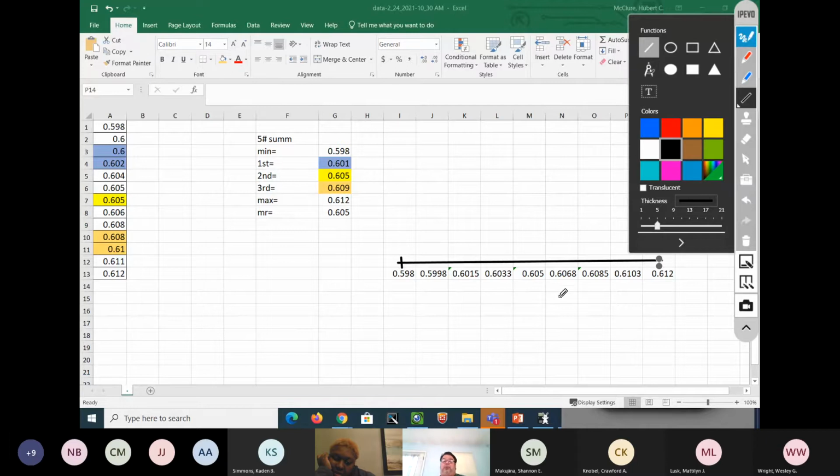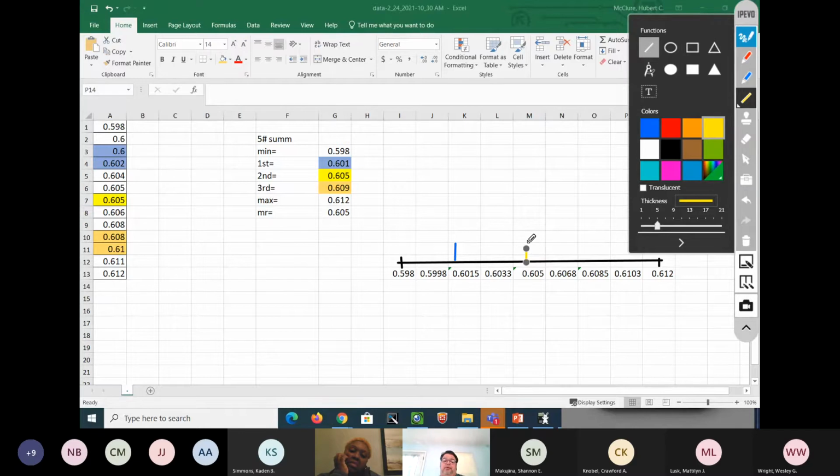Now I'm going to draw my box plot. What is my first quartile? 0.601. It's blue. So 0.601 looks like right in here maybe. And yellow is 0.605; 0.605 is right in here.